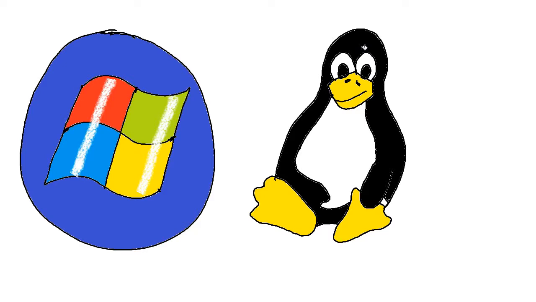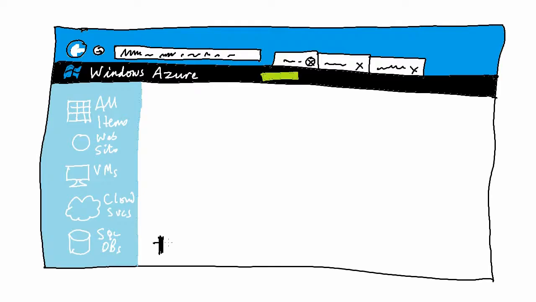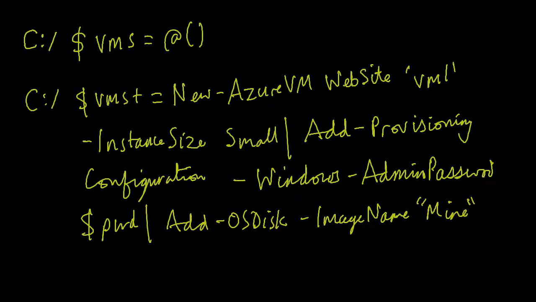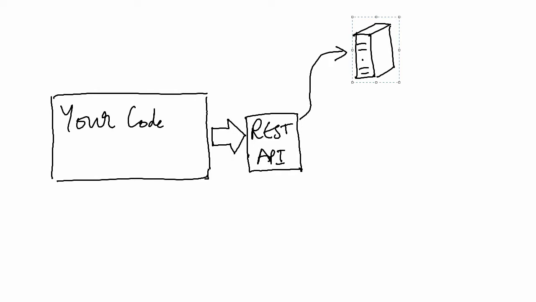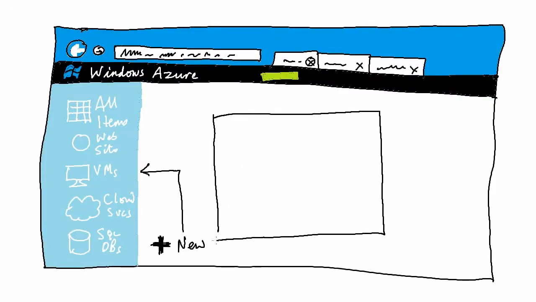Windows Azure virtual machines can be created in three ways: through the management portal, through scripting, or through a REST API. The simplest way is to use the Windows Azure Management Portal and create one of the stock machines.